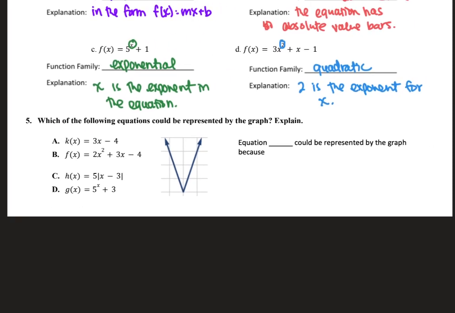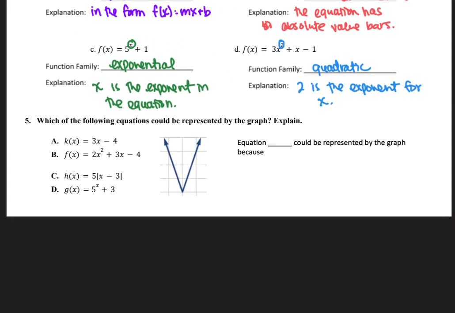All right, number 5, it says which of the following equations could be represented by the graph. In my graph, I see that it is V-shaped. When my graph is V-shaped, that's going to be linear absolute value.